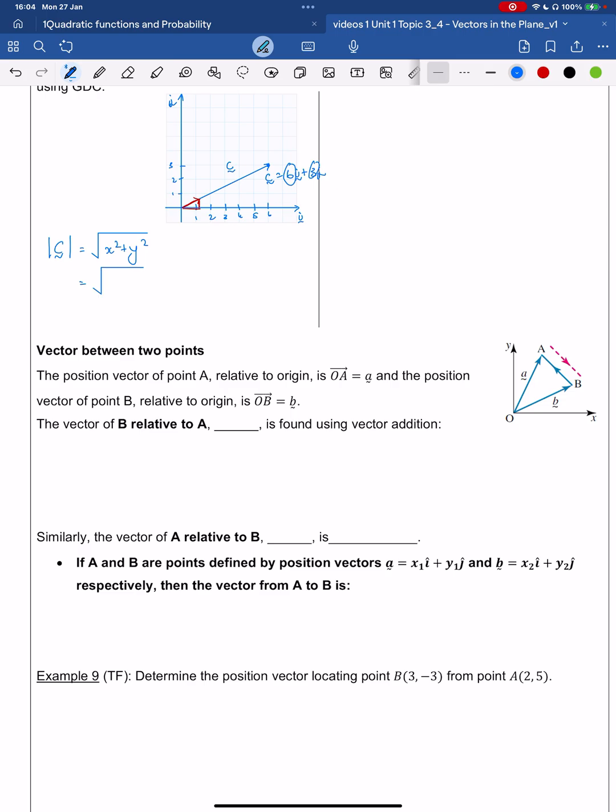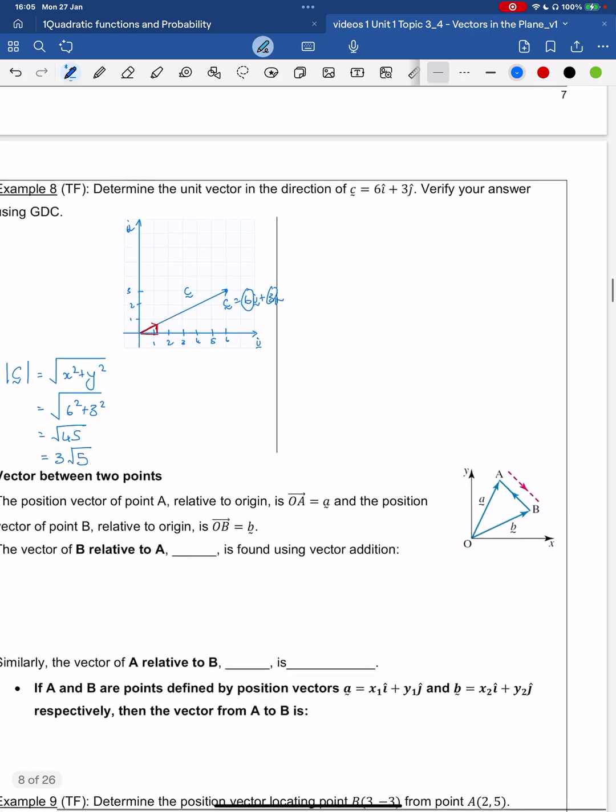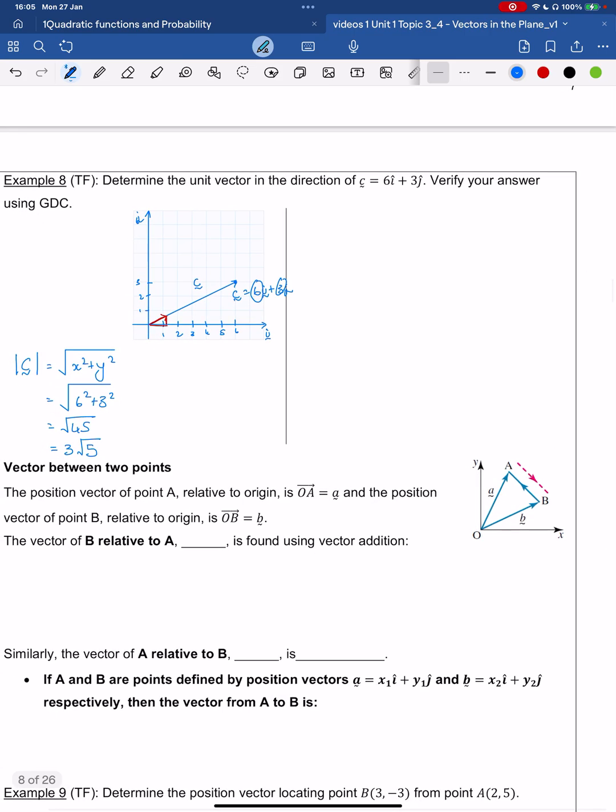So I'm going to have 6 squared plus 3 squared, and that's going to be root 45. And we can simplify that to 3 root 5. That's the magnitude of my vector c.